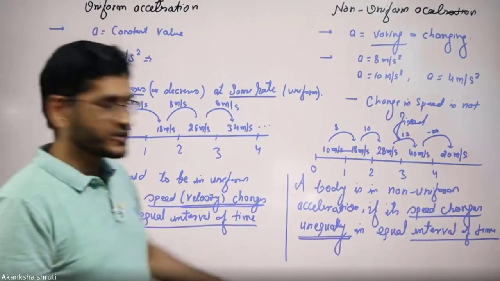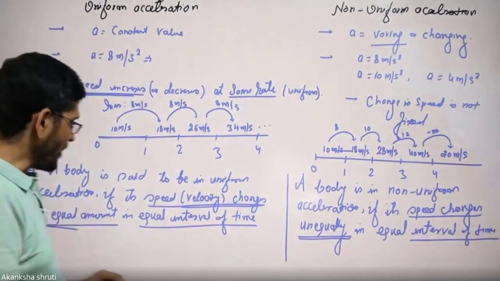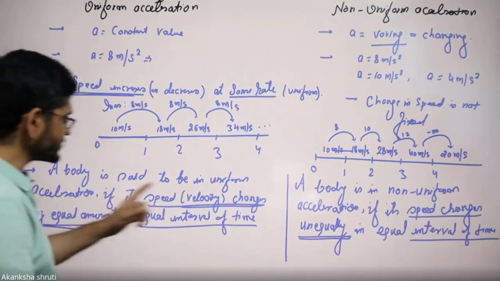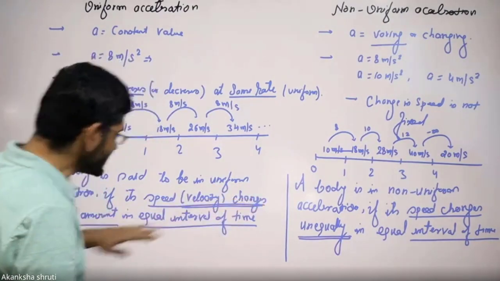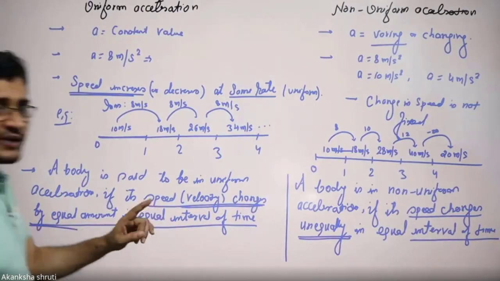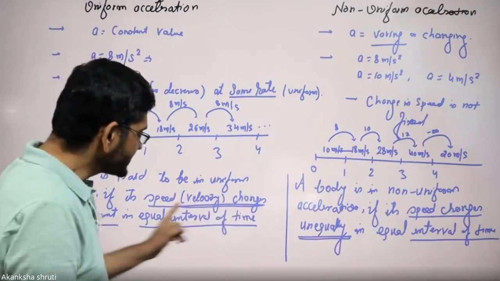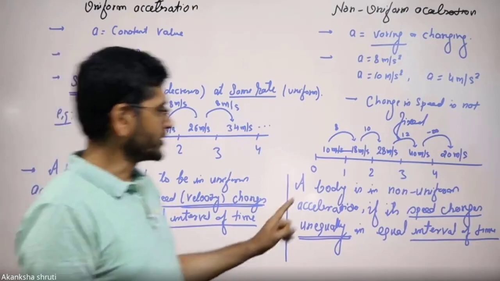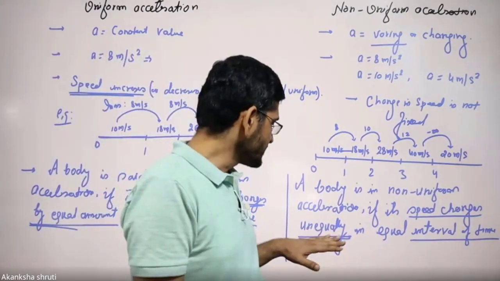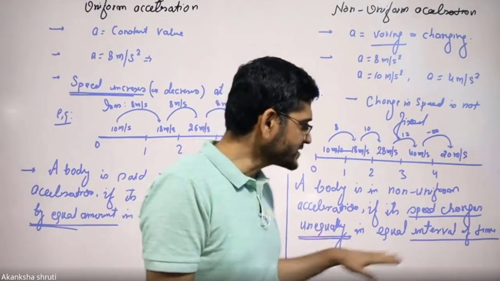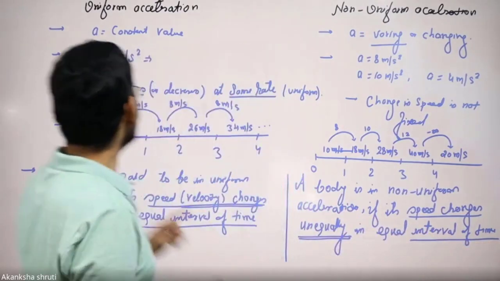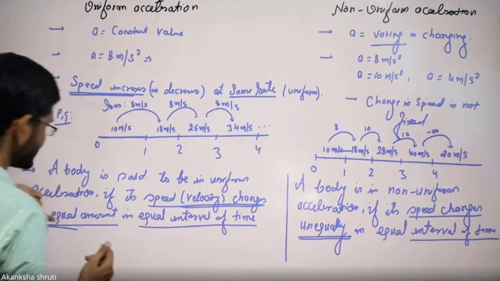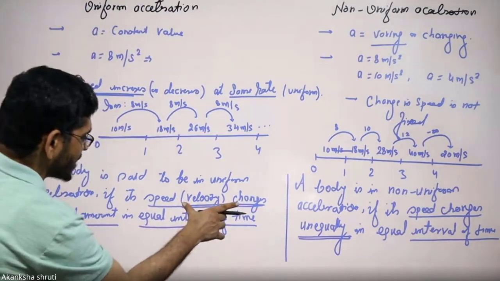Students, just recall that for uniform motion, the body was said to be in uniform motion if it covers equal distance in equal interval of time. So for uniform motion, it was distance. For non-uniform motion, the body covers unequal distance in equal interval of time. So keep in mind, for defining uniform acceleration, acceleration is defined in terms of velocity.